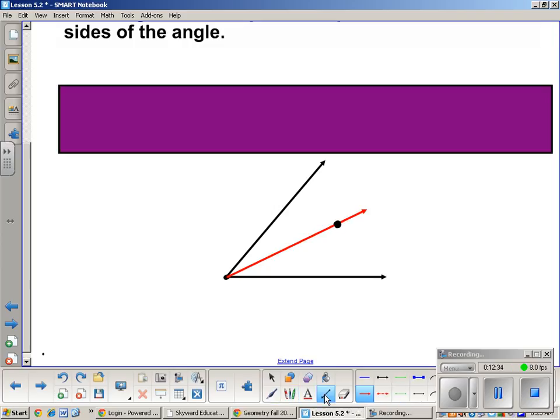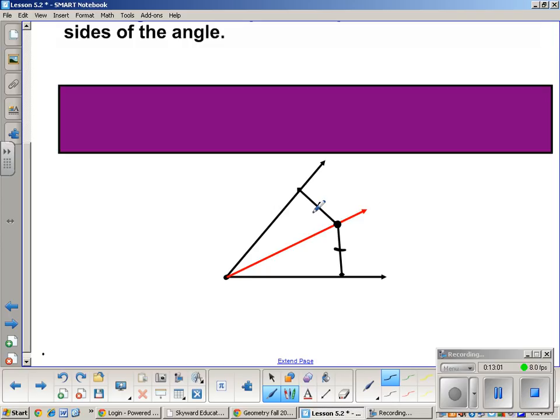then this distance here is equal to this distance here. Now, remember, to measure the distance from a point to a line, it has to be what?